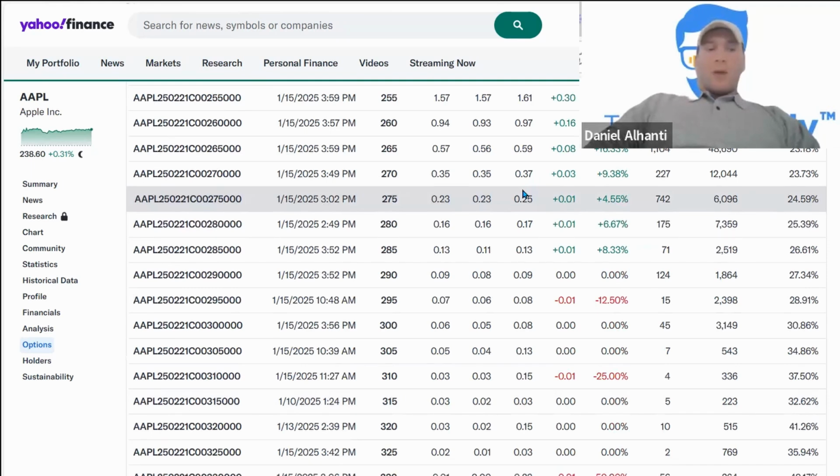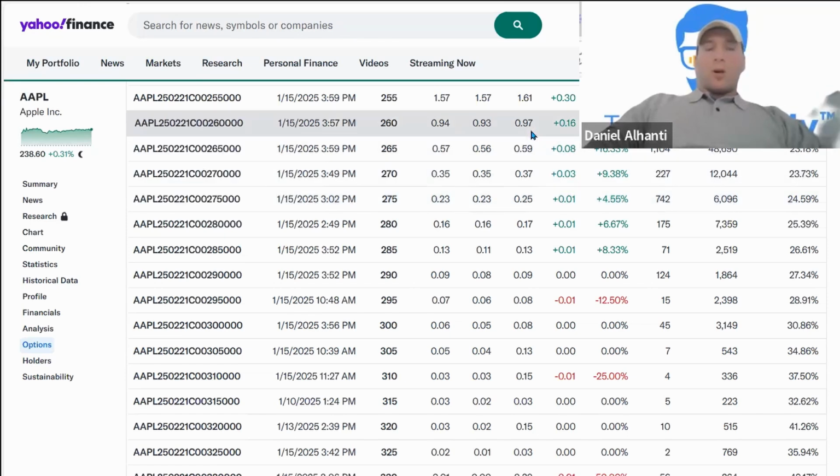But I always go back to Apple options as a good explanation and it's always a solid stock to play options on, because a lot of these other companies like Tesla and Nvidia and Netflix, that just gets so insane. Some of these are priced so high, $2,200 or $3,500 or $5,500 per contract, right?